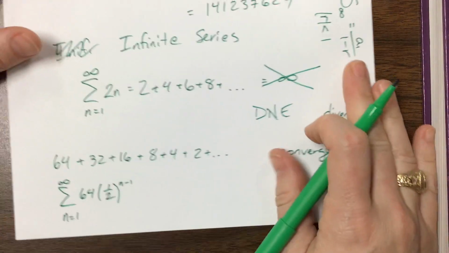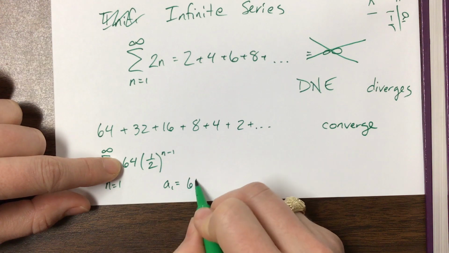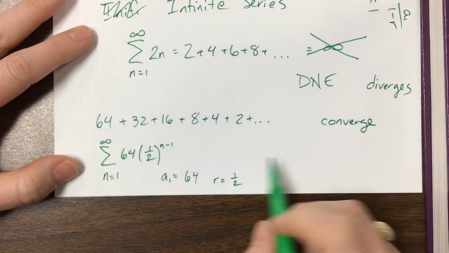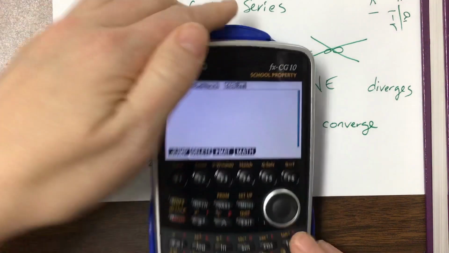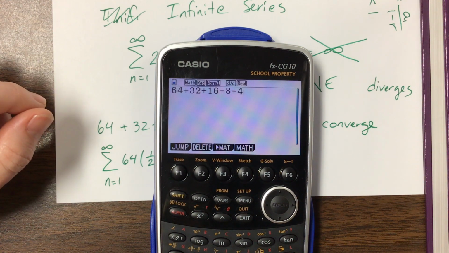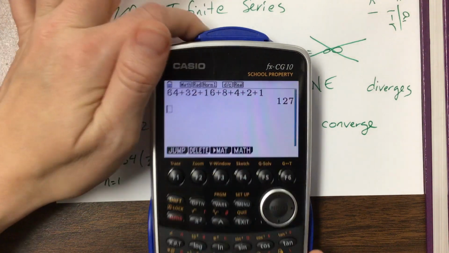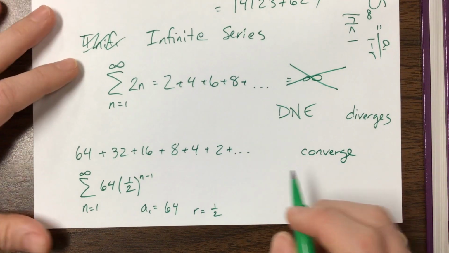Okay, so coming back over here, A sub 1, the very first term, was 64. Our r value is 1/2. If we want to figure out what this series converges to, notice, if I say 64 plus 32 plus 16 plus 8 plus 4 plus 2 plus 1, I'm already getting close. That's 127 with just those whole numbers, so we know we're going to be at least 127.